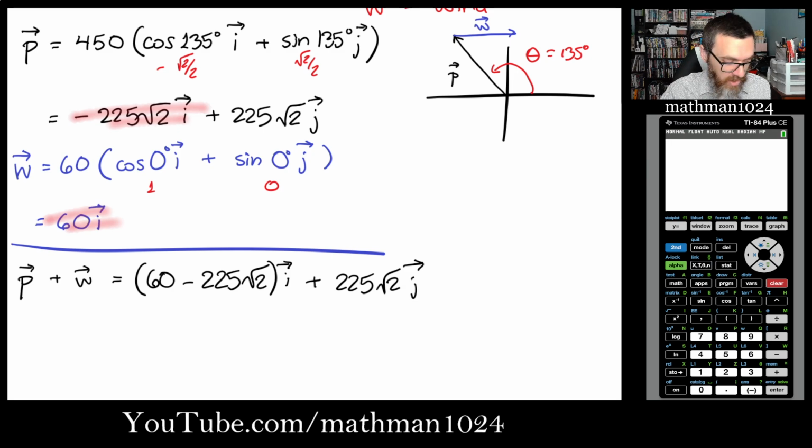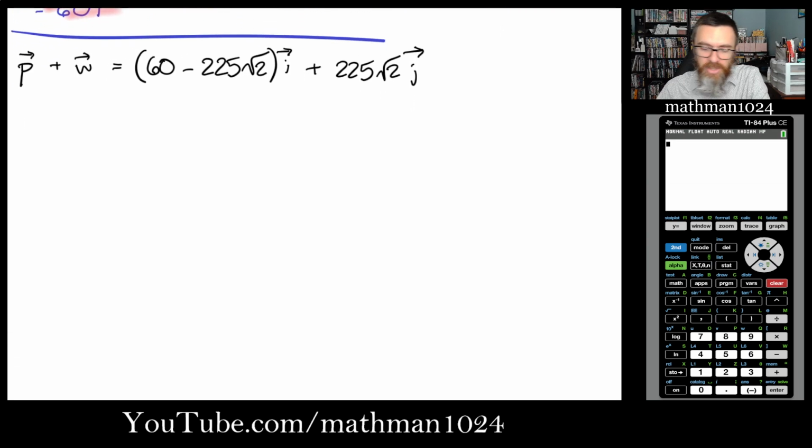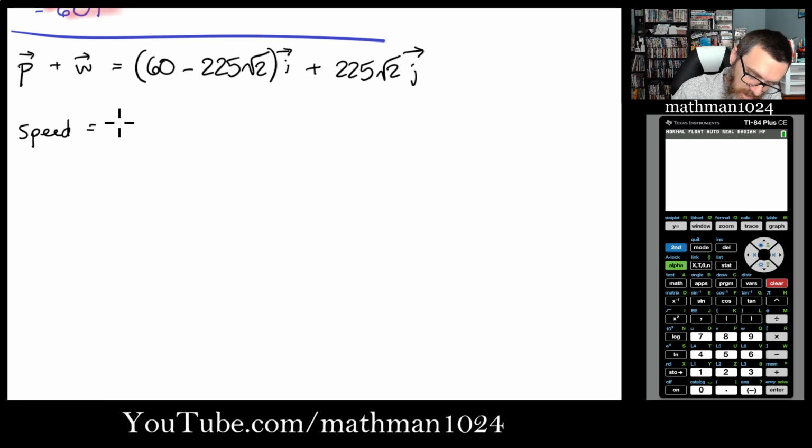Now this next part here is to find the speed and the direction. So the resulting speed of the plane relative to the ground is going to be this right here.